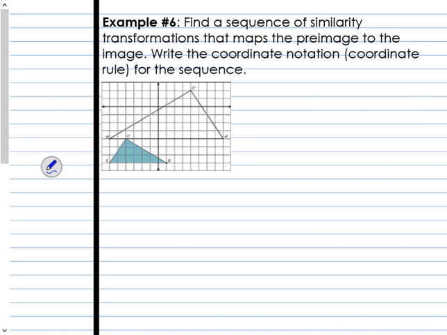Example 6. Find a sequence of similarity transformations that maps the pre-image to the image. Write the coordinate notation, also called the coordinate rule, for the sequence. The first thing you need to do is find the scale factor. Again, scale factor is image over pre-image.